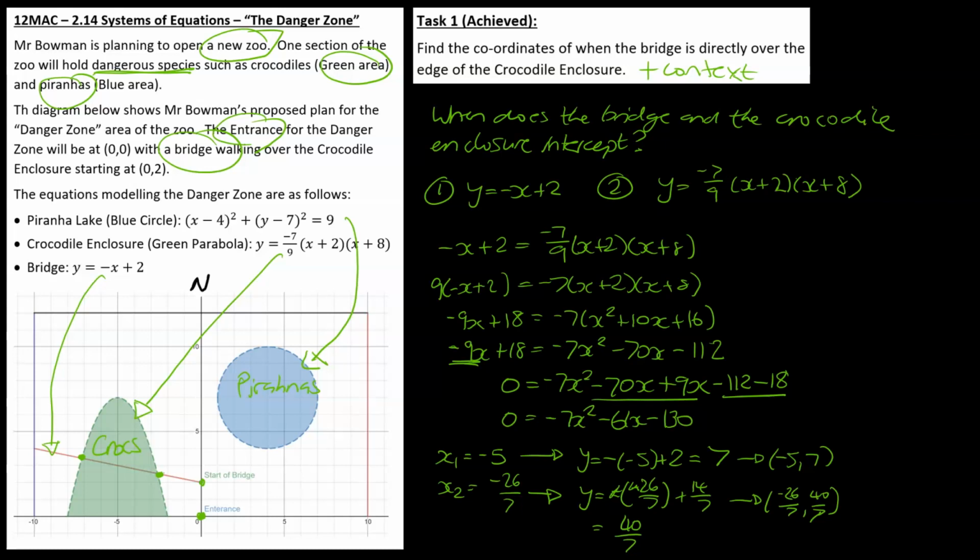Our bridge, we'll start off with that. Ideally we're going to do this below, but I've run out of room, so I'm just going to do it to the side.